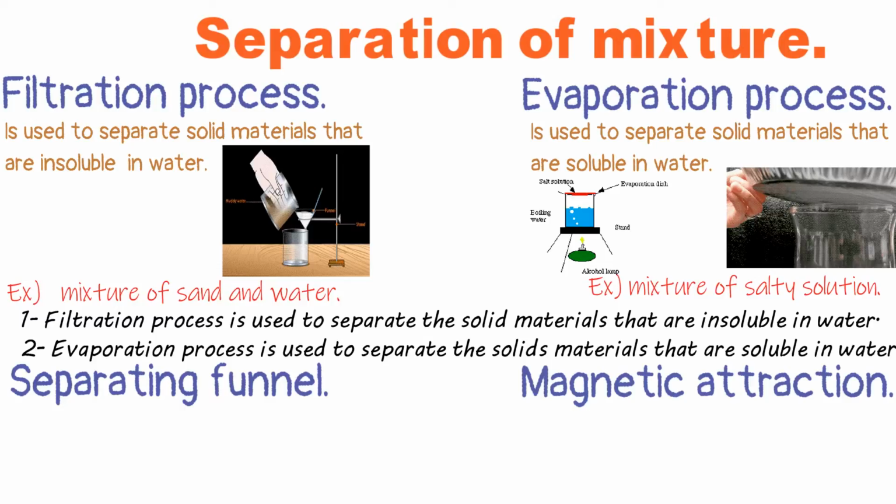So the sand will remain on the filtration paper, and the salty solution will go down and be collected. Then we are going to heat this solution, so an evaporation process will occur. The water will evaporate and we can easily collect it, while the salt will remain in the beaker.